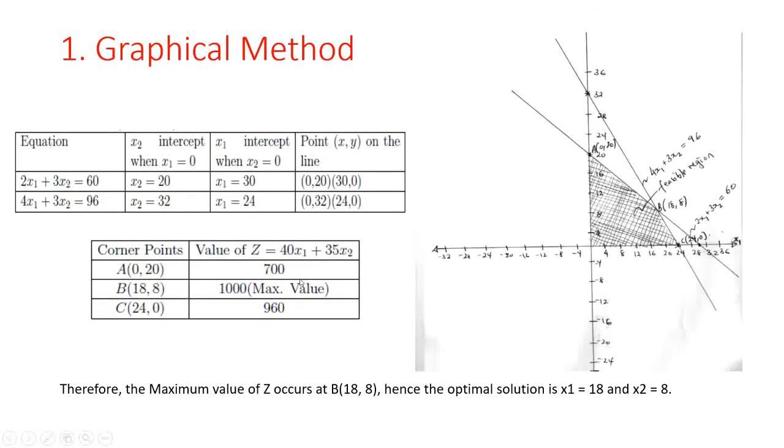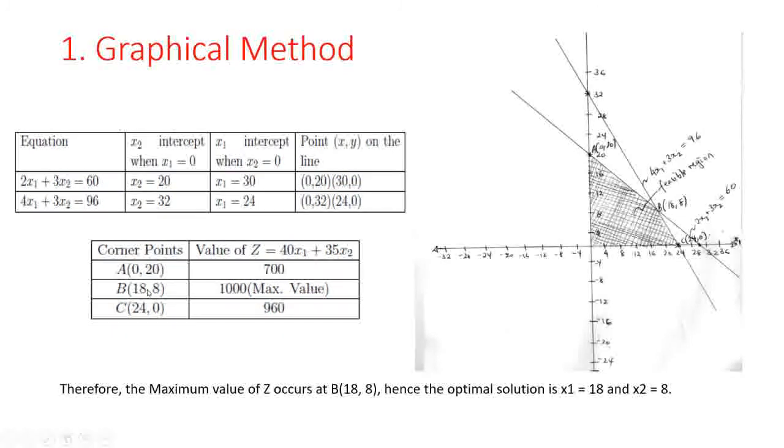Again, we find the maximum profit value for each corner point. Our objective function is z equal to 40x1 plus 35x2. We put all these corner point values in this equation. For corner point A, 40 into 0 plus 35 into 20, so we get 700.